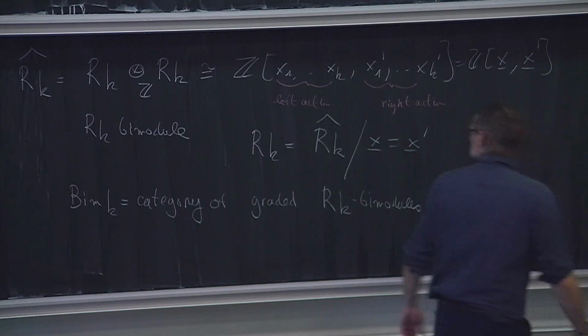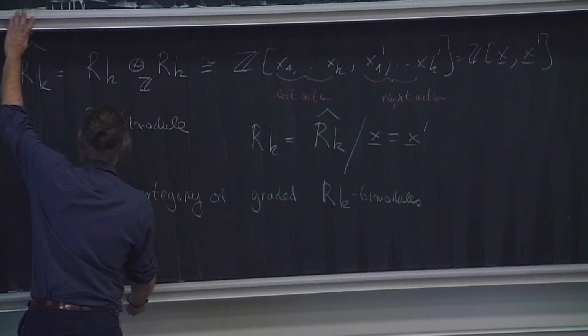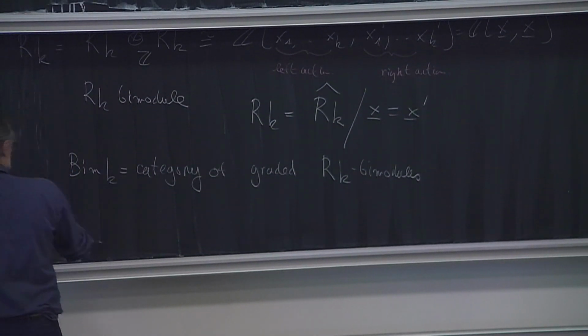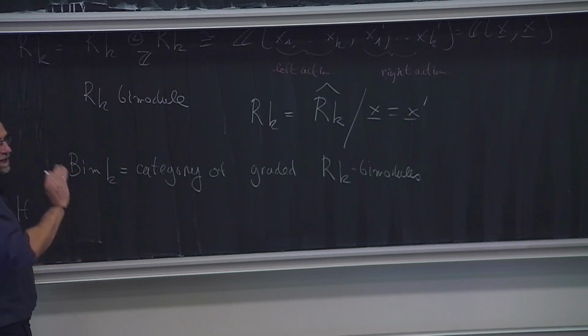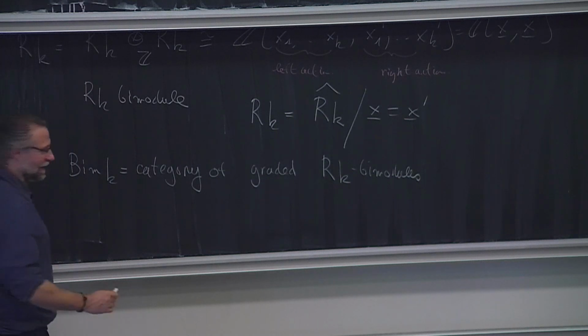Fine. Most naive comments. So my letter, which is very much used, will be B. I'm going to use it for various reasons. It will show up in a second.